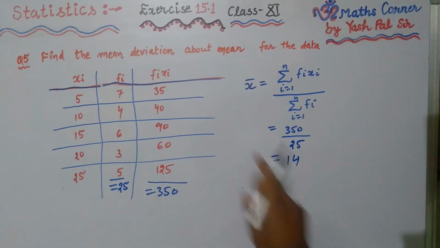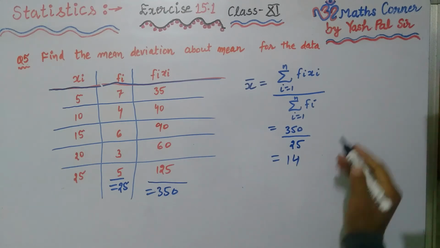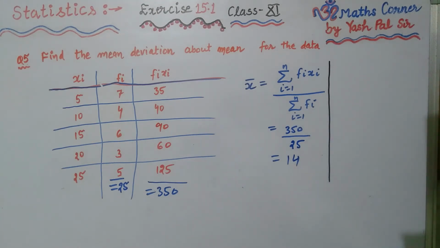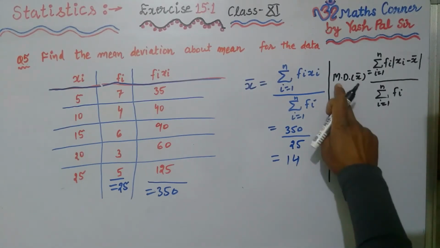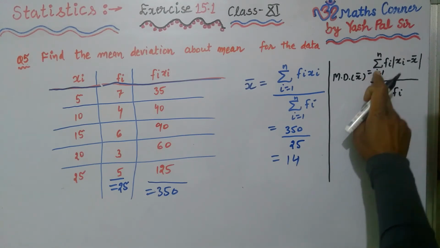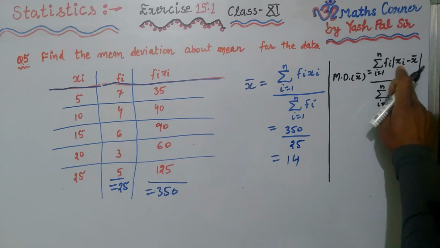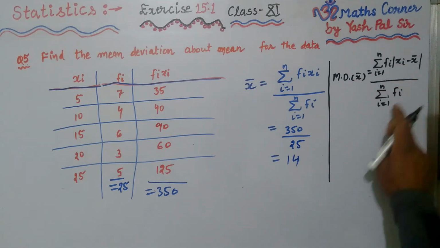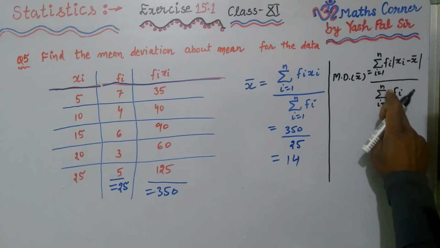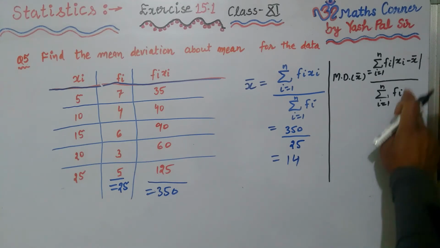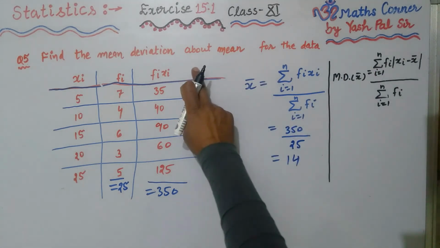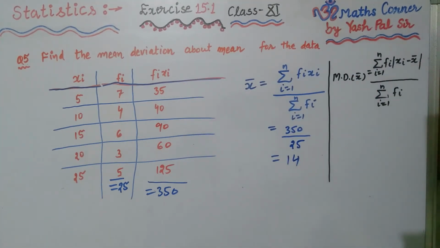Now how to find the mean deviation about mean? The formula is mean deviation about mean equal to summation i equals 1 to n of fi into mod of xi minus x bar, whole divided by summation i equals 1 to n of fi. So for this purpose we need xi minus x bar.